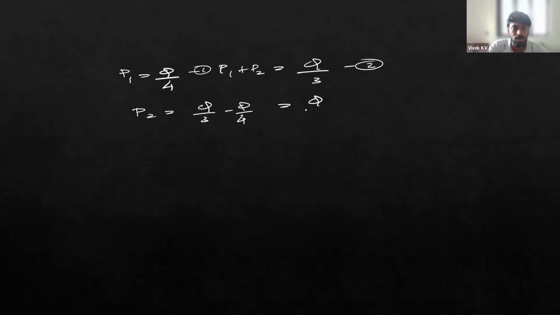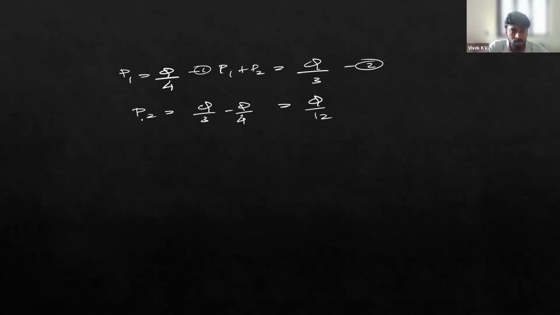And P1 plus P2, when both filaments are switched on, is the same energy Q by the time 3 minutes. So what is P2? We can subtract, so P2 is Q by 3 minus Q by 4. That will be equal to Q by 12.